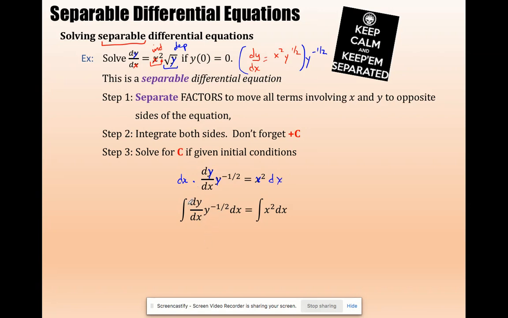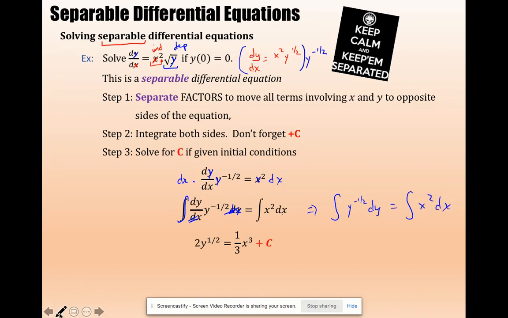Or if you want to be fancy, you say, I'm going to integrate both sides with respect to x, and then these dx's cancel out. But notice when you are done, on the left side, you only have y stuff left. So on the left side, this reduced to the integral of y to the negative 1/2 dy, because again, the dx is canceled out, equal to the integral of x squared dx.